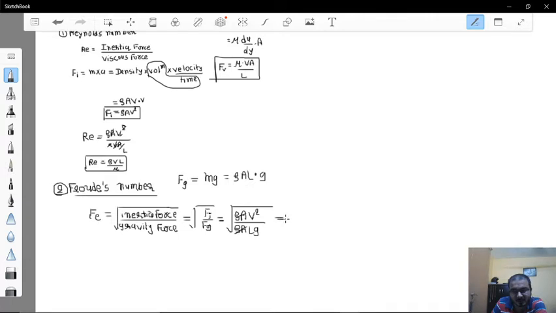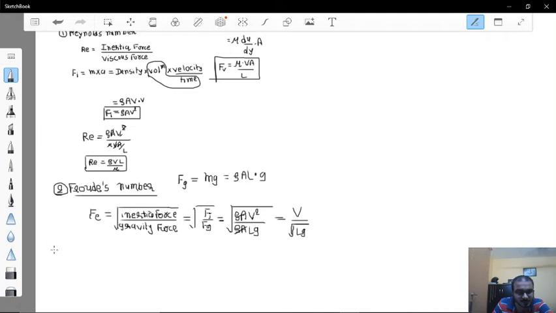So we are left with V upon square root of L G. That is the Froude number.